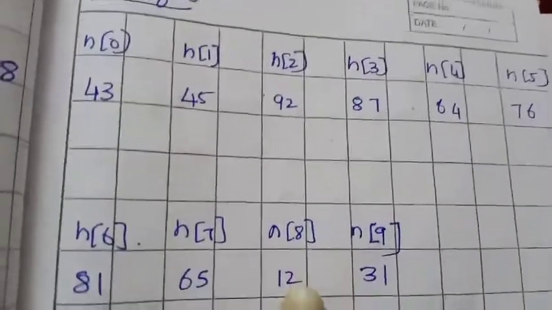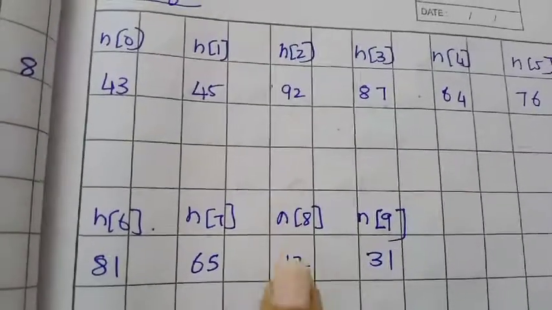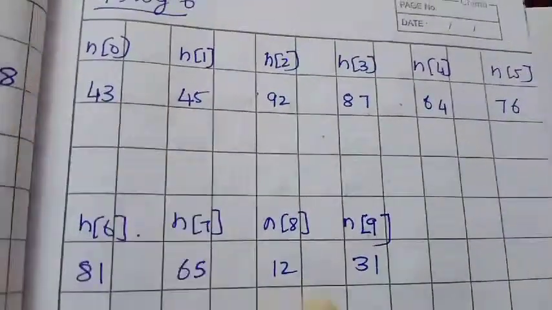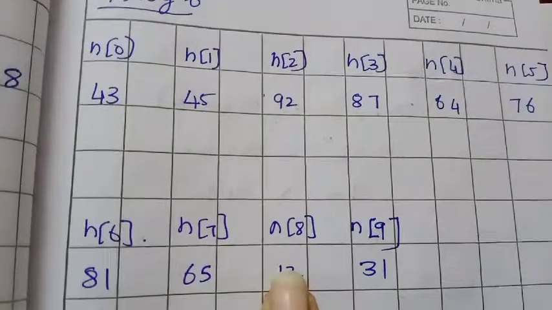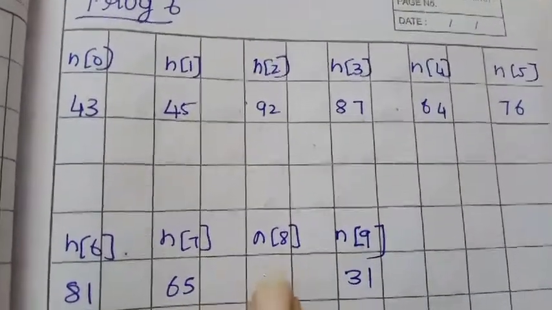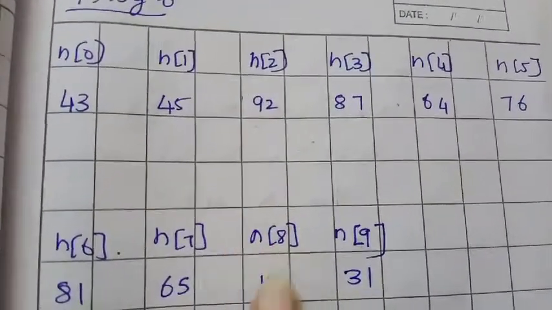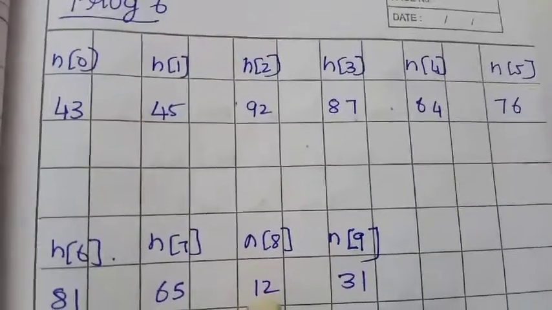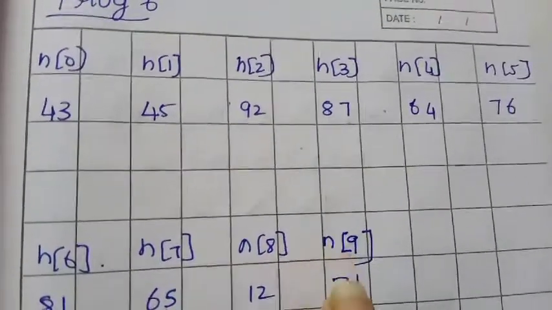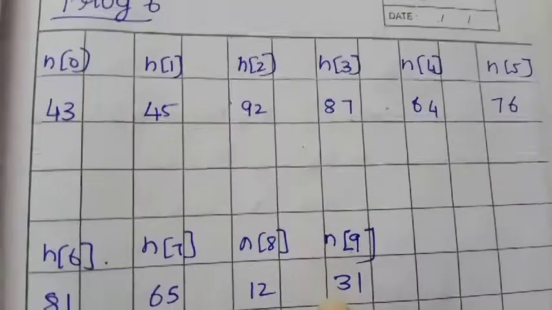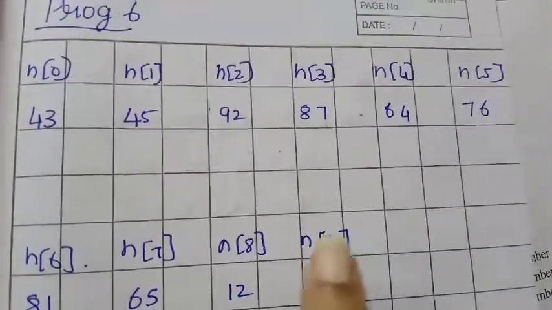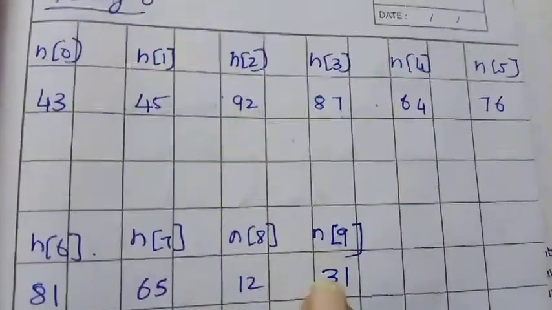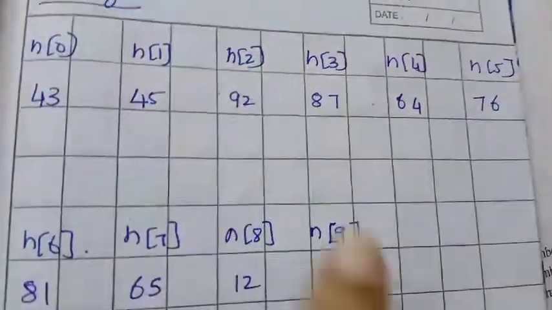Now you will be having the 43 here in n of 8 position. So it will be comparing, and 43 will be your lowest element. So now the minimum element will be 43. Again this 43 will be compared with n of 9. So n of 9, 31, is smaller than 43, so n of 1 and n of 9 will be swapped now.